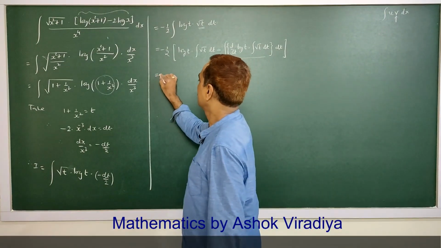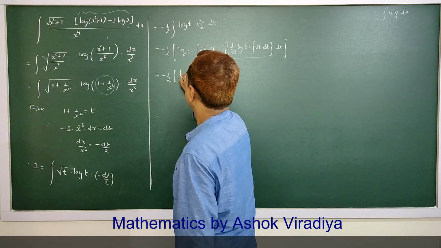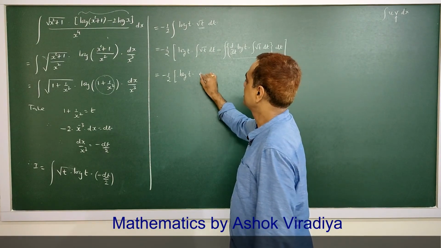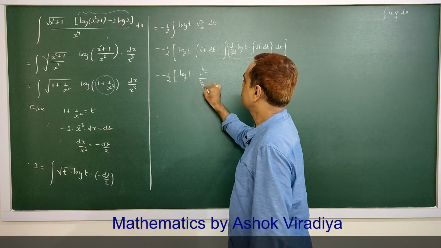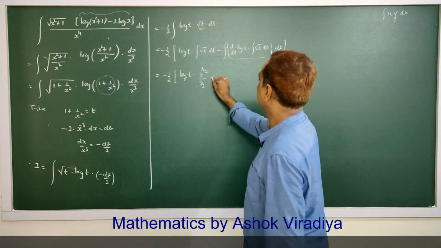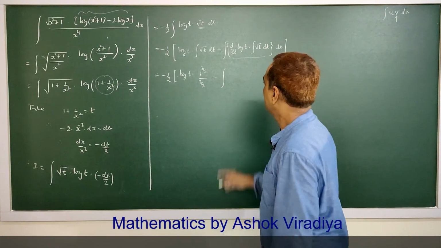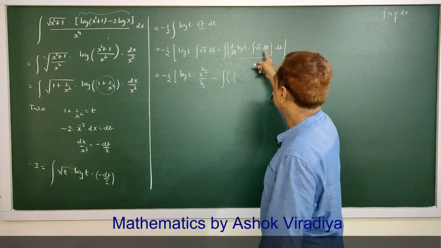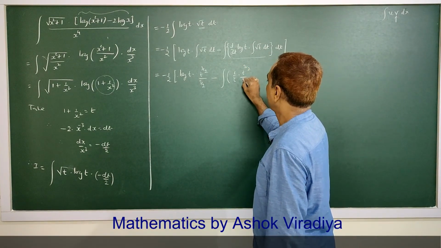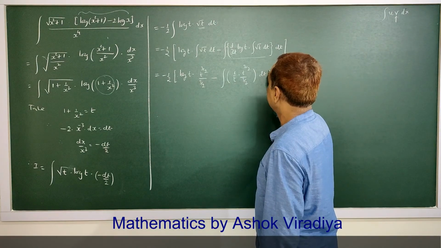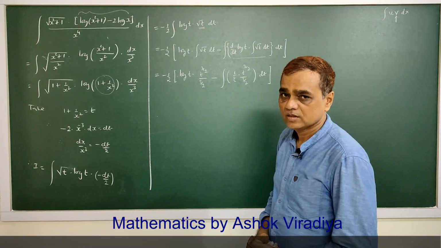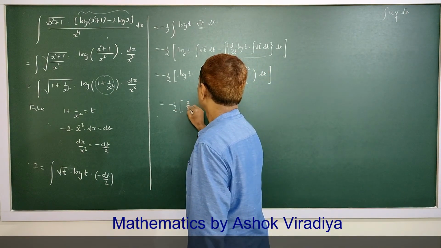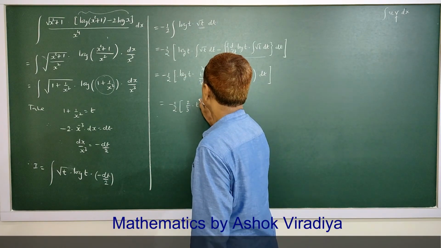So it is equal to minus 1 by 2 log t, integral of root t, which is t raised to 3 by 2 upon 3 by 2, minus integral of derivative of log t, which is 1 upon t, into t raised to 3 by 2 upon 3 by 2 dt. So it is equal to minus 1 by 2, 2 by 3 into t raised to 3 by 2.